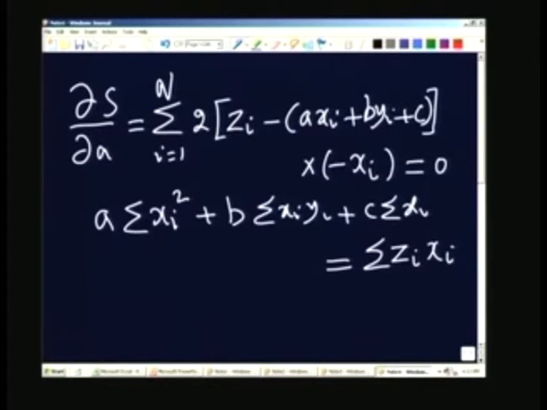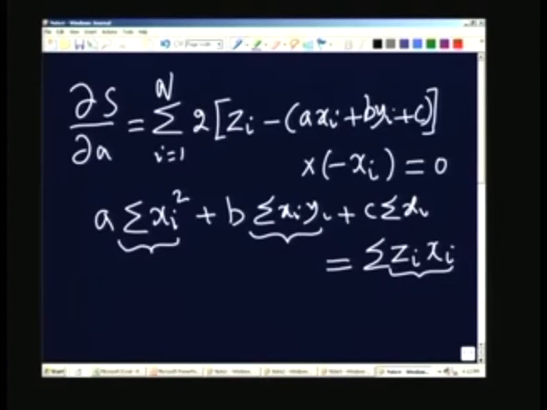So, the first normal equation is written down by taking the derivative with respect to a and setting it equal to 0. Of course, I have to put i equal to 1 to n in all the summations, which I am just not doing, because we assume that you can supply that information. It involves the square of the x values, the product of x and y, and also the product of z and x.